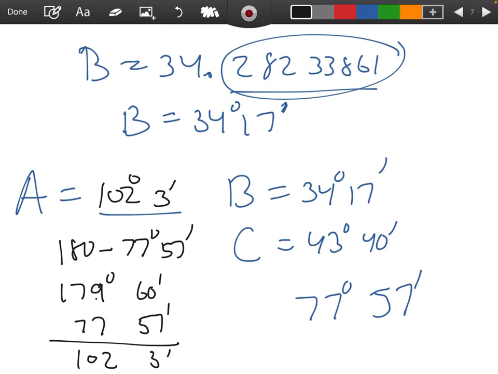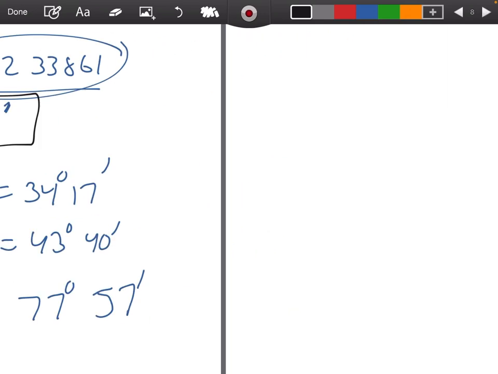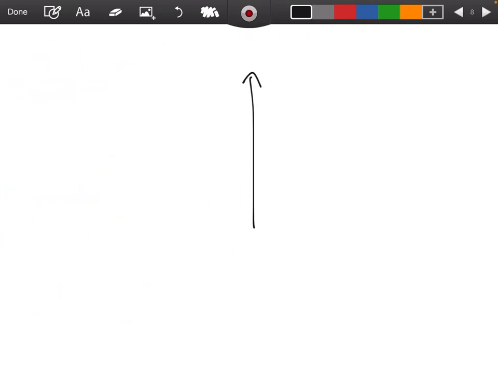Now, the question would be, how do we know if we're going to have a second triangle? When we came up with our angle B here, 34 degrees, 17 minutes, remember that sine is positive in two quadrants, quadrants 1 and 2.